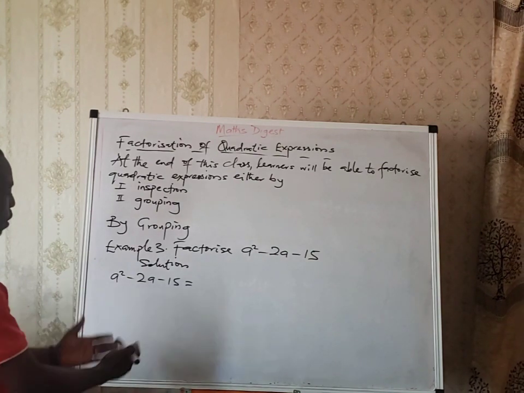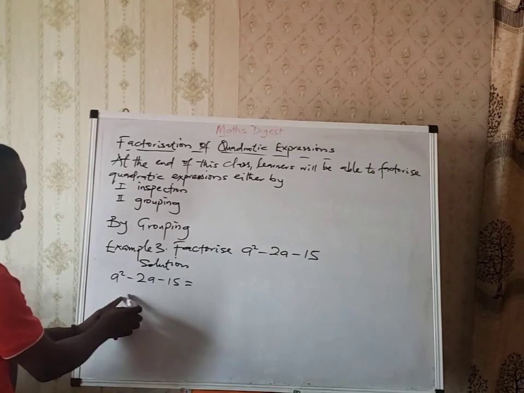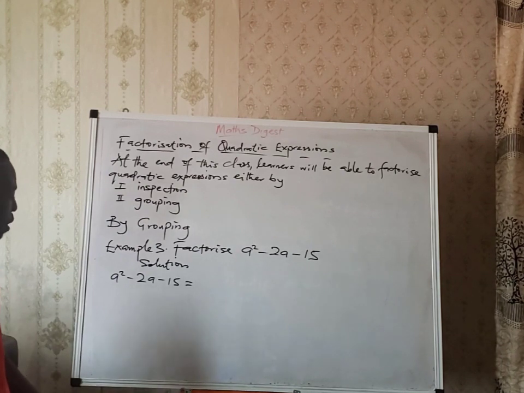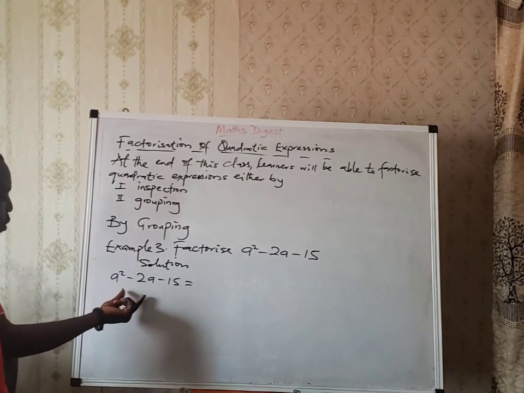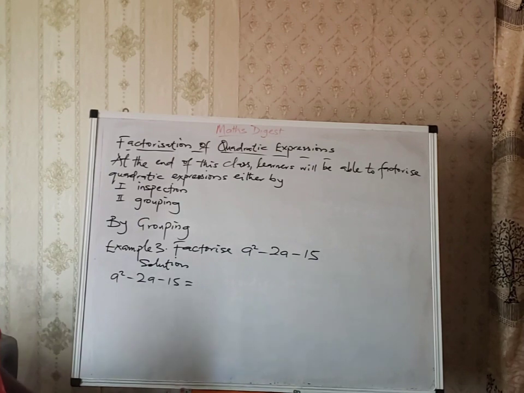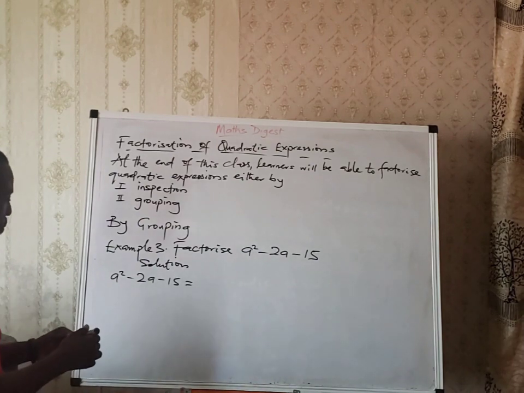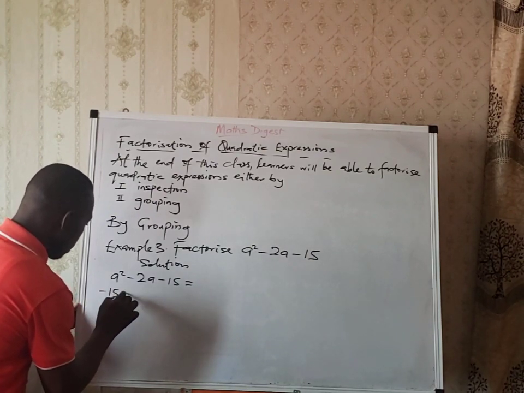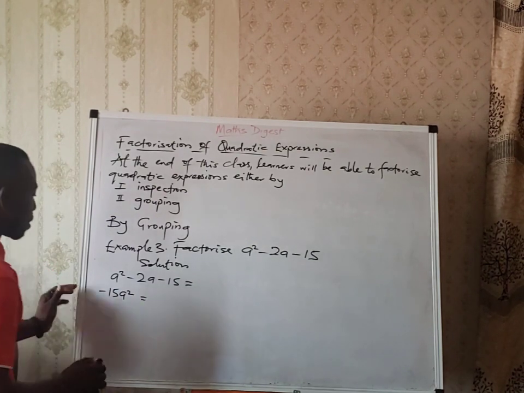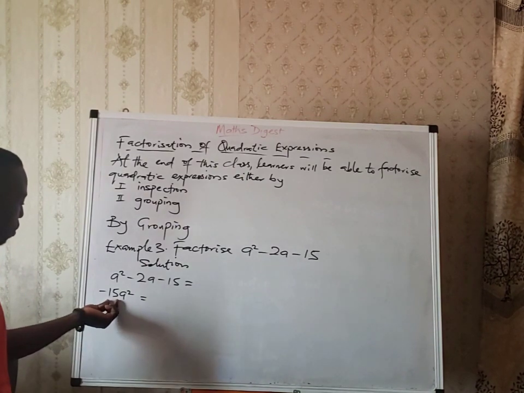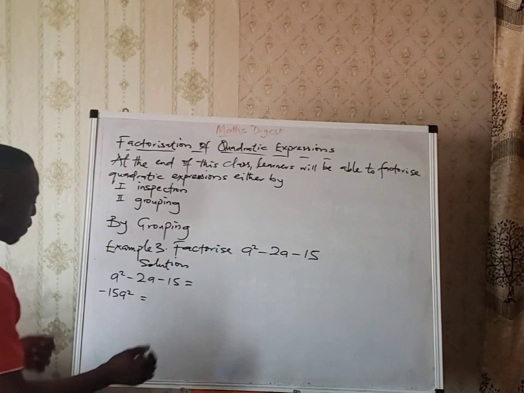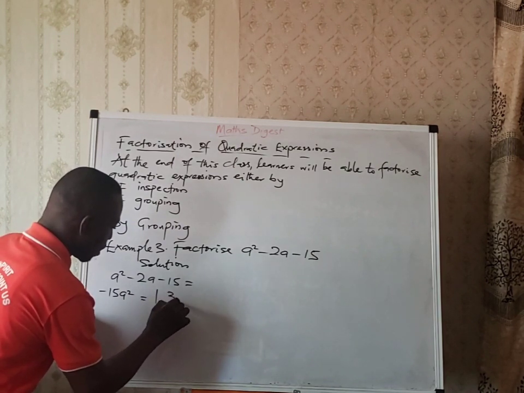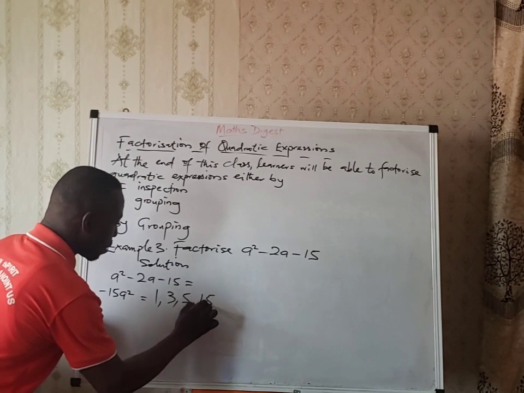We consider the combination minus 15 times a squared, and that of minus 2a. So quickly, if we look at minus 15a squared, now we look at the factors of 15. The factors of 15 are 1, 3, 5, and 15 itself.